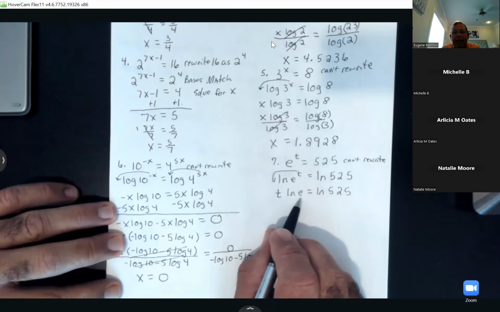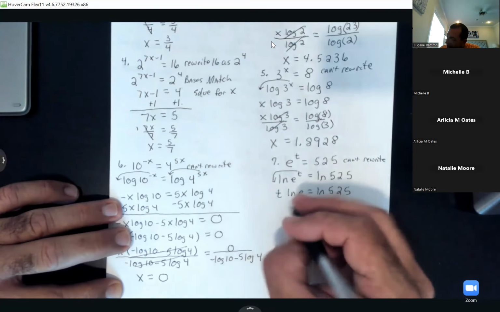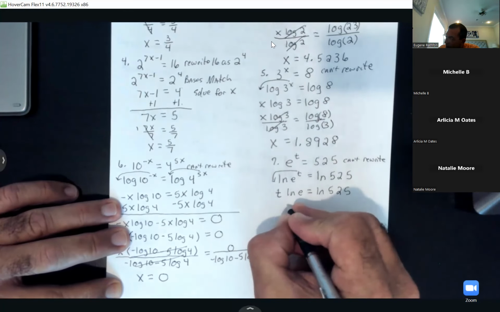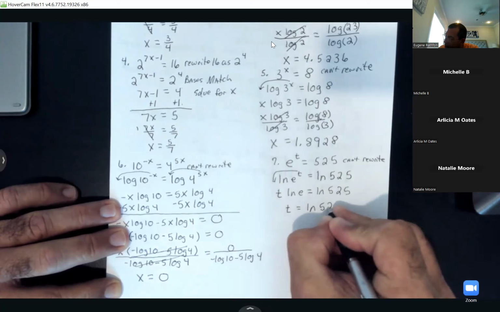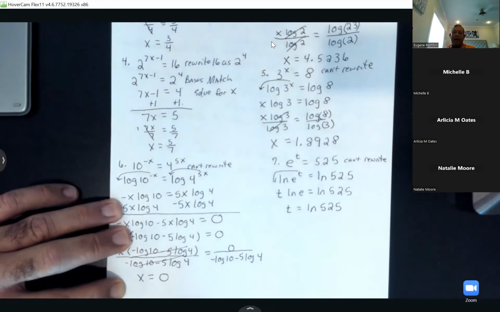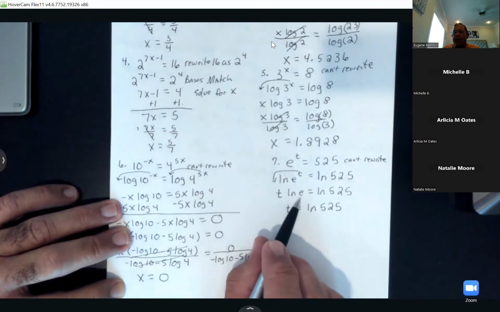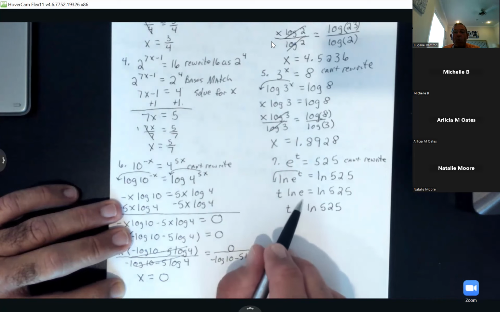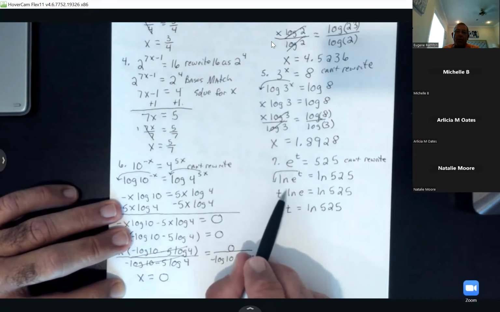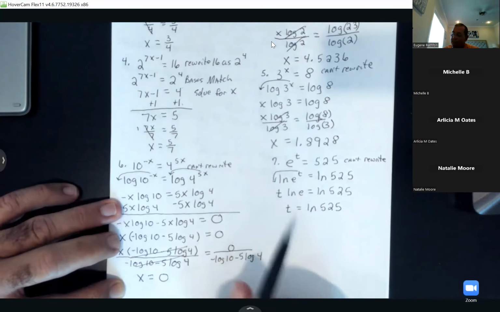So if ln of e equals 1, this left side now is t times 1. So I got t equals the ln of 525. Remember, ln of e will always equal 1. So if you got a variable times the ln of e, all it's going to equal is that variable, okay?